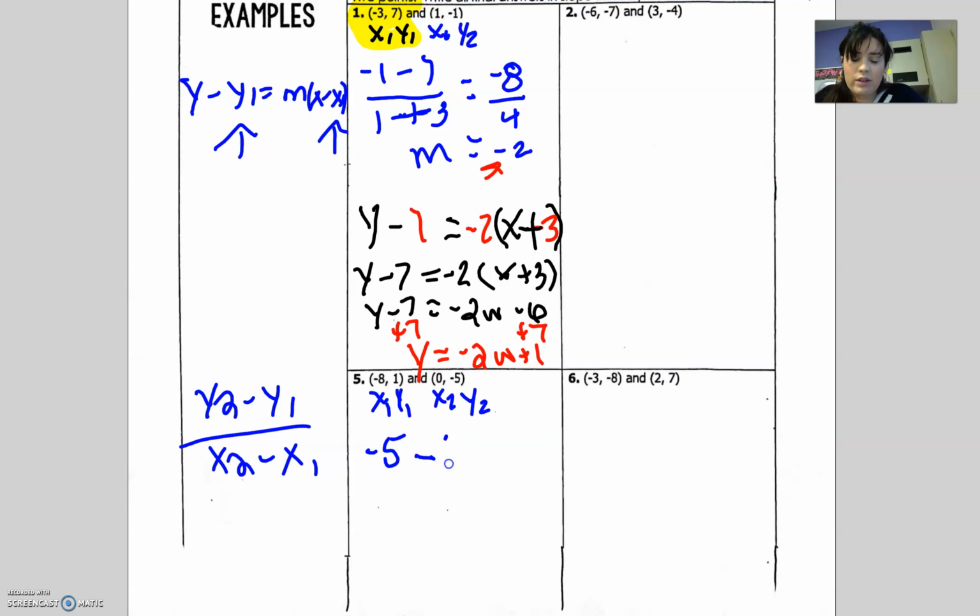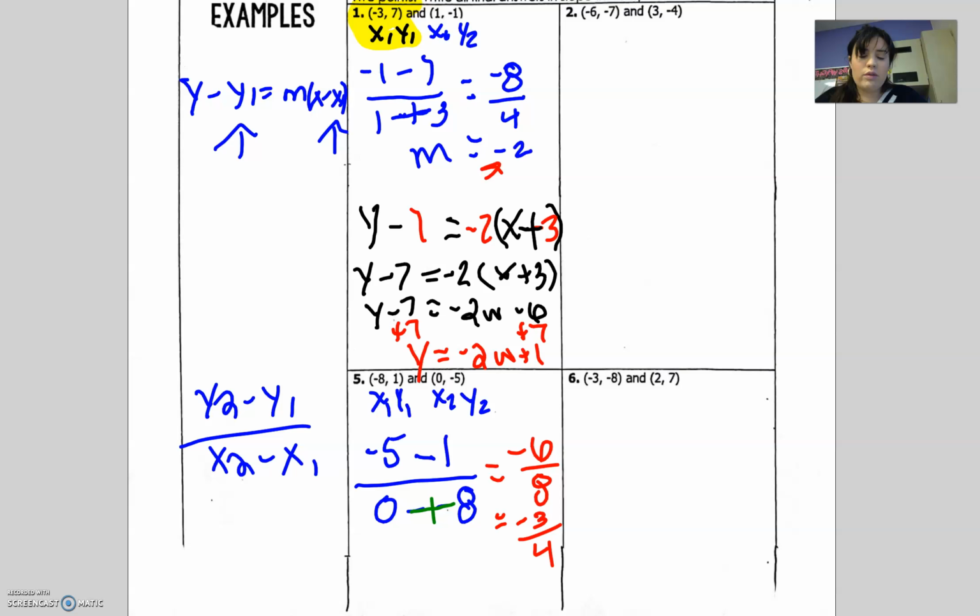Then our y1 is 1. Our x2 is 0 minus our x1, which is negative 8. We see those two minuses, we make that into a plus. And for our slope, we get negative 6 over 8, which equals negative 3 over 4.